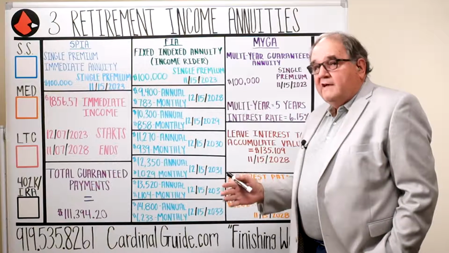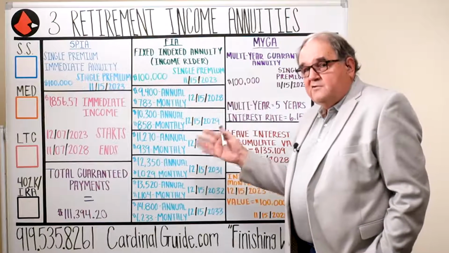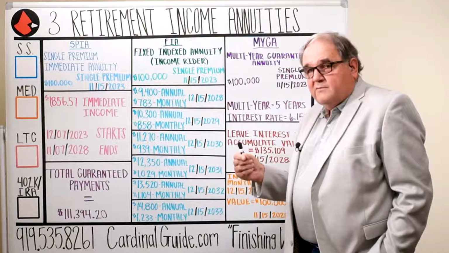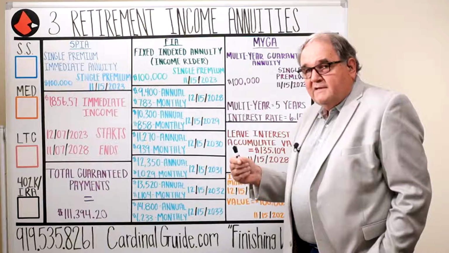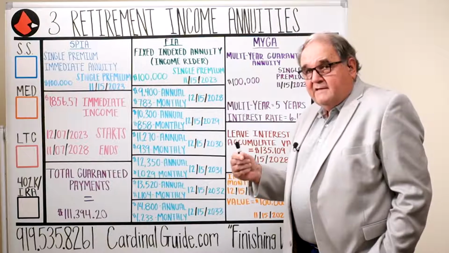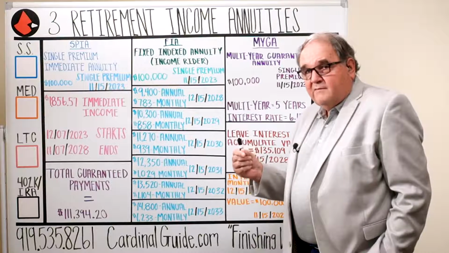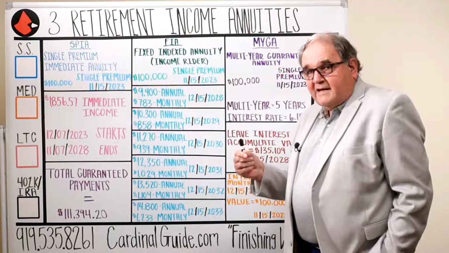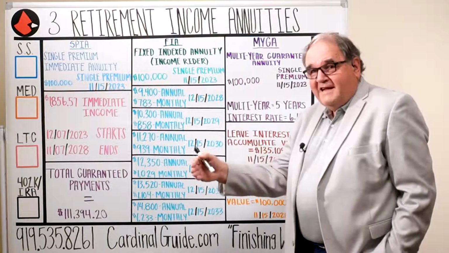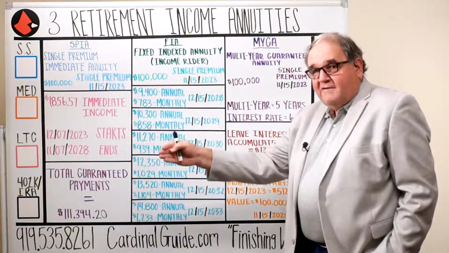I'm just illustrating, if you end up choosing this date, I can tell you right now what your monthly income is going to be. And then the insurance company guarantees that monthly income for the rest of the second person's life.